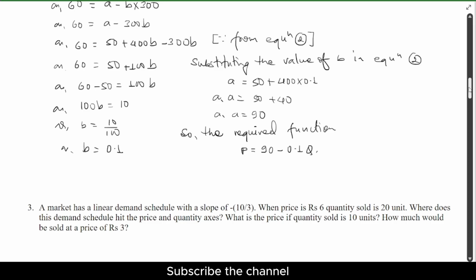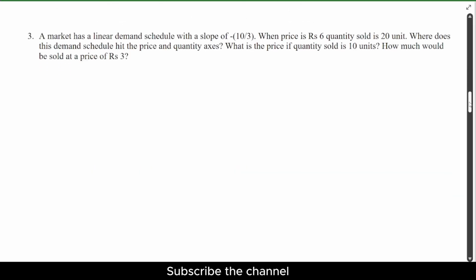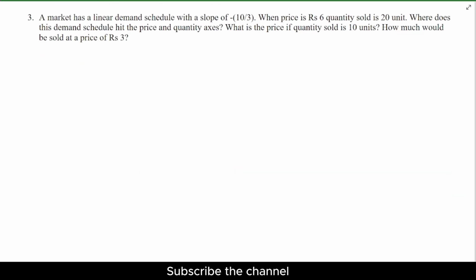Now moving towards the third question. The third question is: a market has a linear demand schedule with a slope of minus 10 by 3 when price is rupees 6.